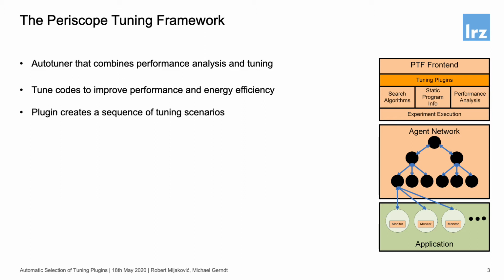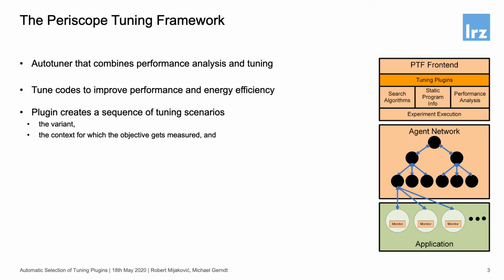Each tuning plugin that focuses on a particular tuning aspect creates a sequence of such tuning scenarios. Each scenario consists of the variant, which is a combination of tuples of tuning parameters and their values. Each variant is applied to a specific region, and its effects are measured on a tuned region, which doesn't have to be the same.